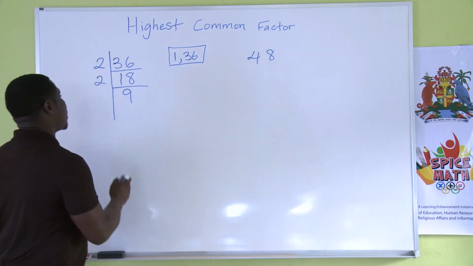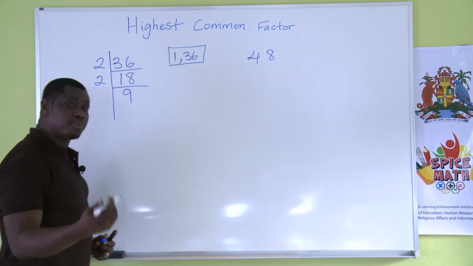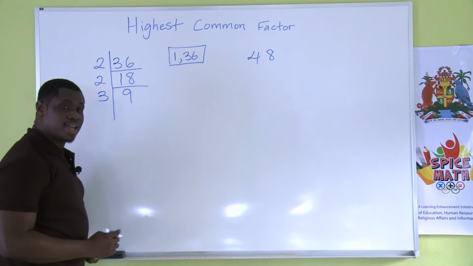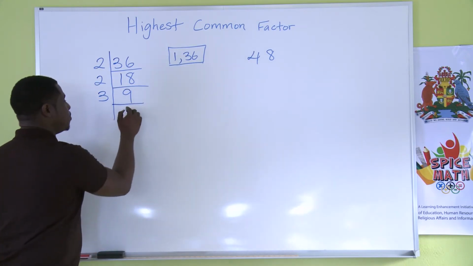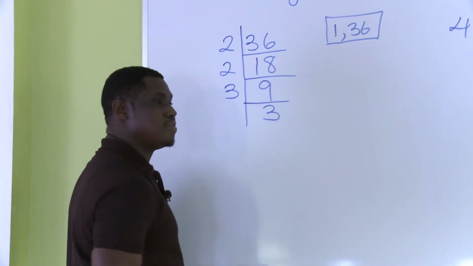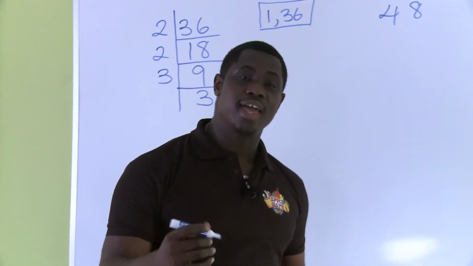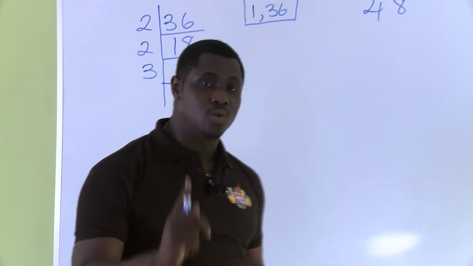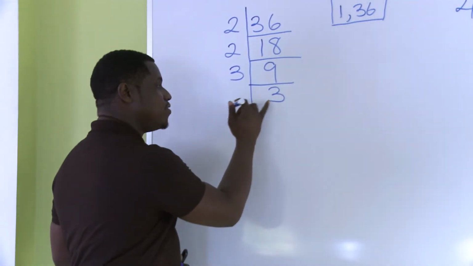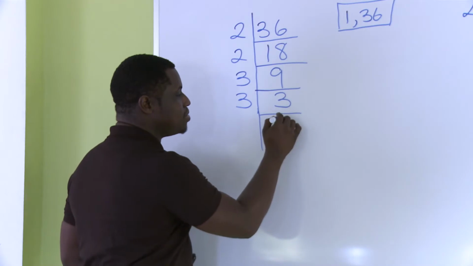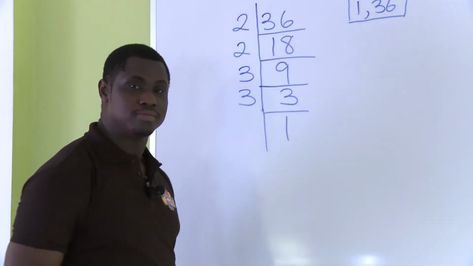So now I'm going to divide 9 by the next prime factor, which is 3. When I divide 9 by 3, the quotient now is 3. Now, in the rules, you would have seen that I said to divide until the quotient is equal to 1. So now I can divide 3 again by itself, 3, and it leaves me with the quotient being 1.